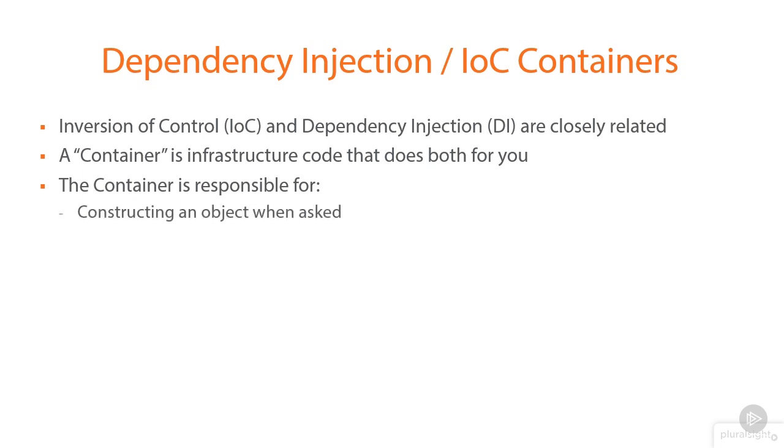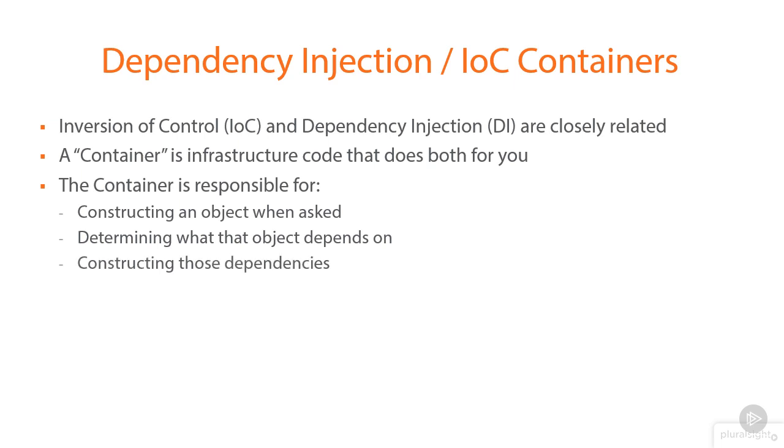First off, it constructs an object when asked. So instead of newing up objects yourself, you'll go to the container and ask it to produce an object for you. As part of that process, the container will determine what that object depends on. And depending on the container you use, it can do that based on parameterized constructors, properties, or methods.